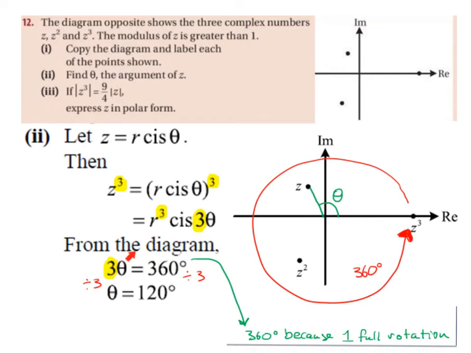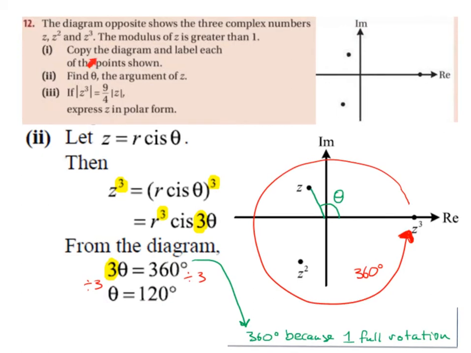And then solving for theta, dividing across by 3, theta is therefore equal to 120 degrees. So question 2 asked us to find theta, the argument of z, and the angle is 120 degrees.